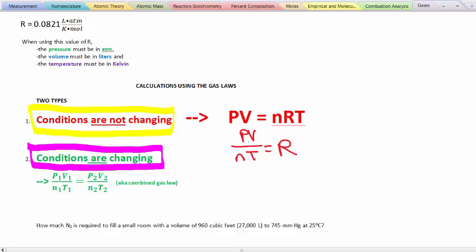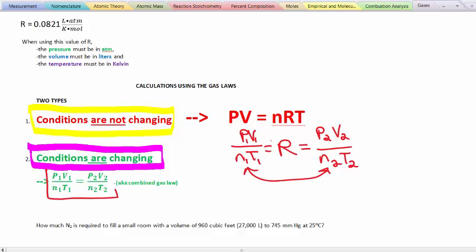Since R is a constant value, an initial set of conditions is going to be equal to R. But then if I change and have a second set of conditions, that's also going to be equal to R. And since they're both equal to a constant, they are indeed equal to each other. And so that's where this equation comes from.